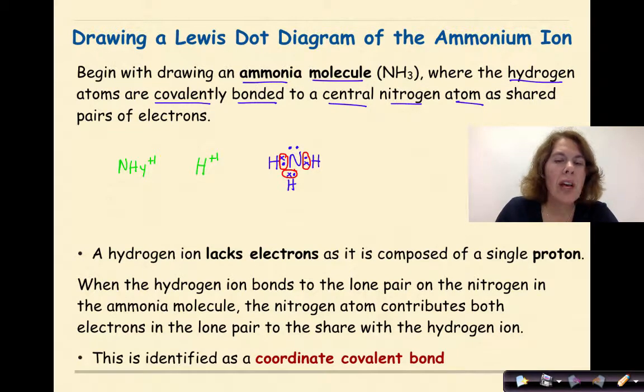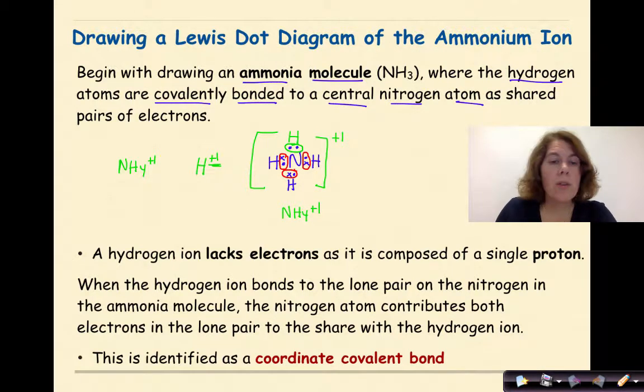So that hydrogen ion is going to snuggle up over the top of that lone pair right here. As a result, this ammonium ion is now going to have a plus 1 charge because that plus 1 charge carried over. So the ammonium ion is NH4 plus 1.